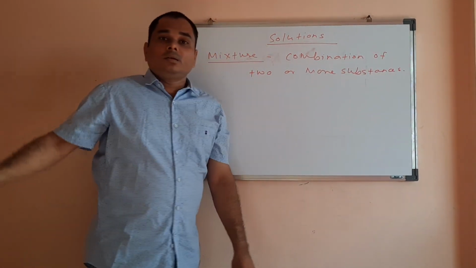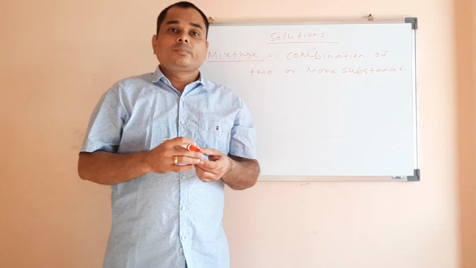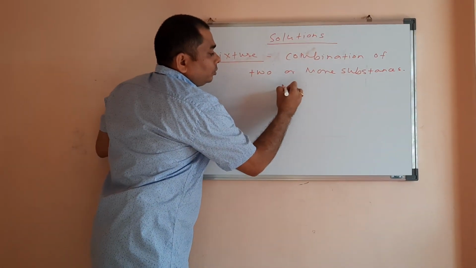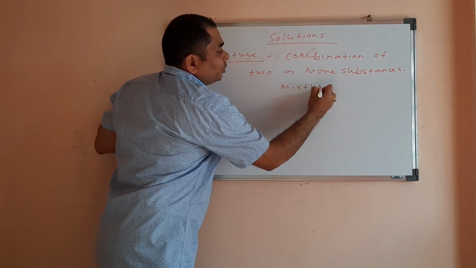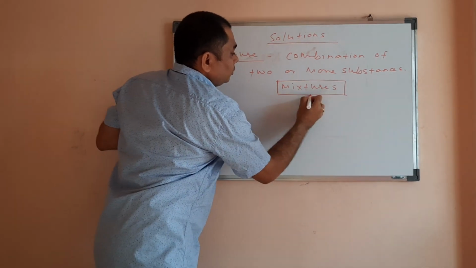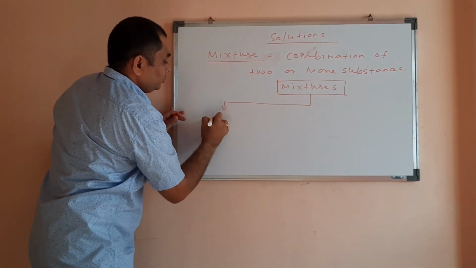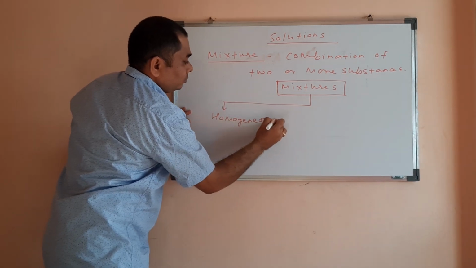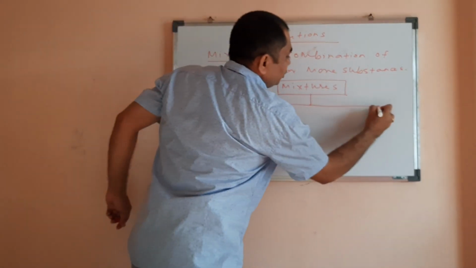Now when we combine two or more than two substances, they can be combined in two different ways. So we thus have two types of mixtures: homogeneous and heterogeneous mixtures.